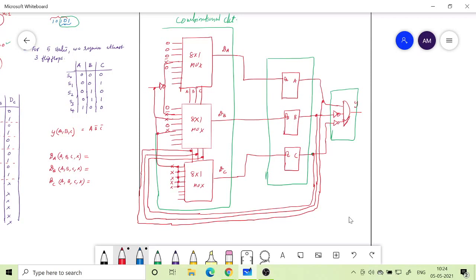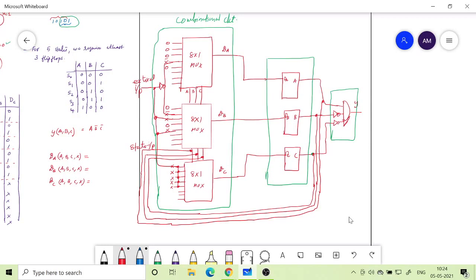Okay, so this is my external input, and these are my state inputs. Okay, that will generate the storage element inputs.